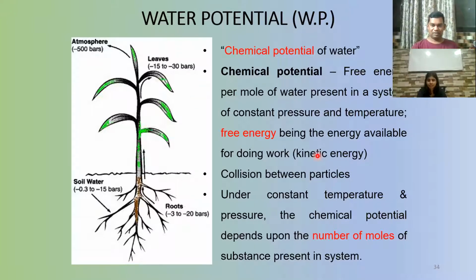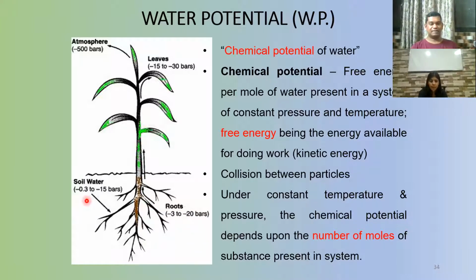Water potential. In this picture, it is shown in a normal mesophytic plant: the roots under the soil, the stem, the leaves, and the atmosphere. You can see the values of the pressure inside the system.